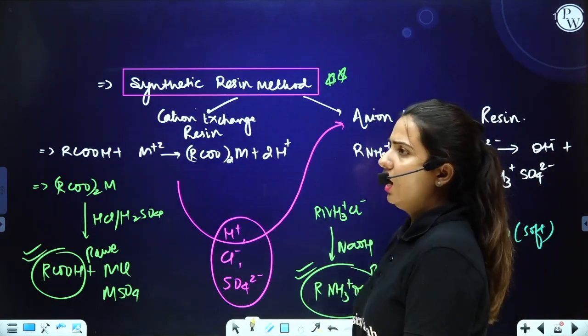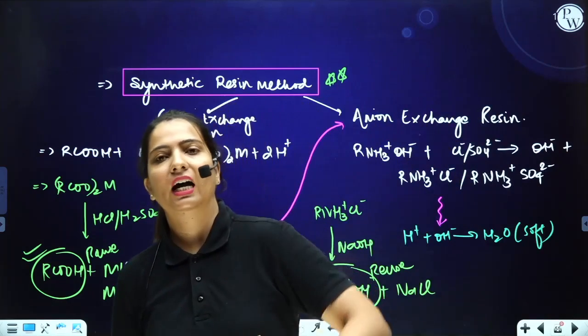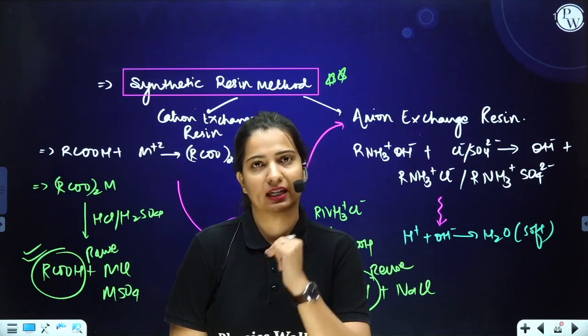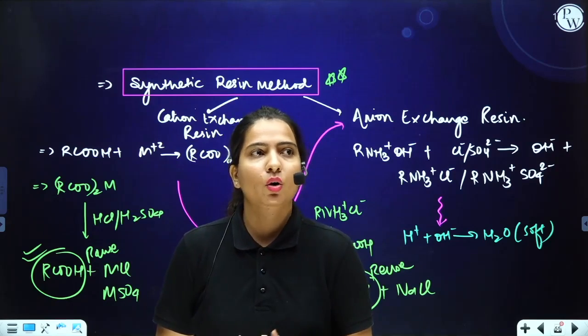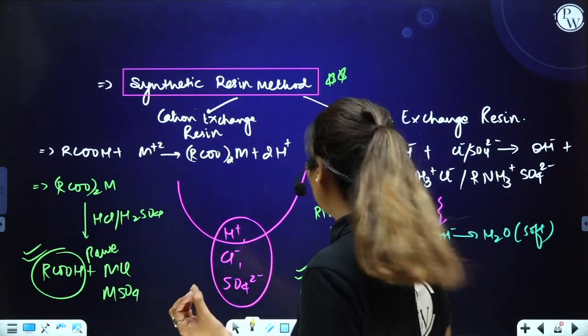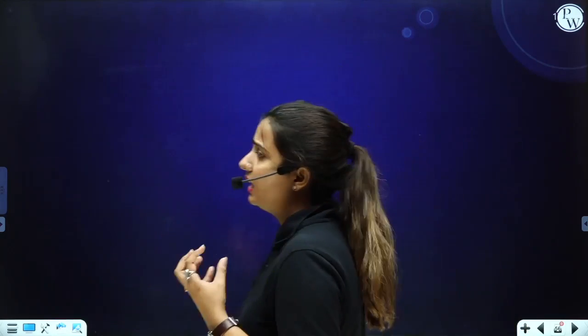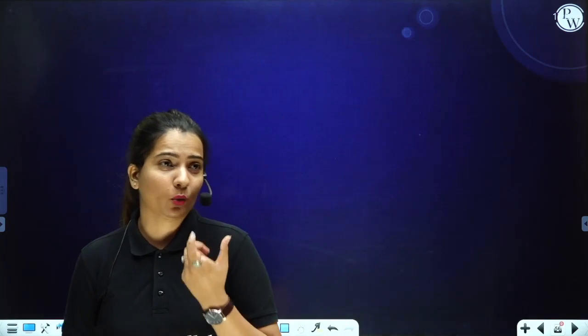Okay, now you can remove the hardness of water, you can remove the temporary hardness of water, you can remove the permanent hardness of water, but how to express that? If you want to know in terms of numbers what is the degree of hardness, what is that value, what is that number which tells you that yes, this much hardness is present in the water.